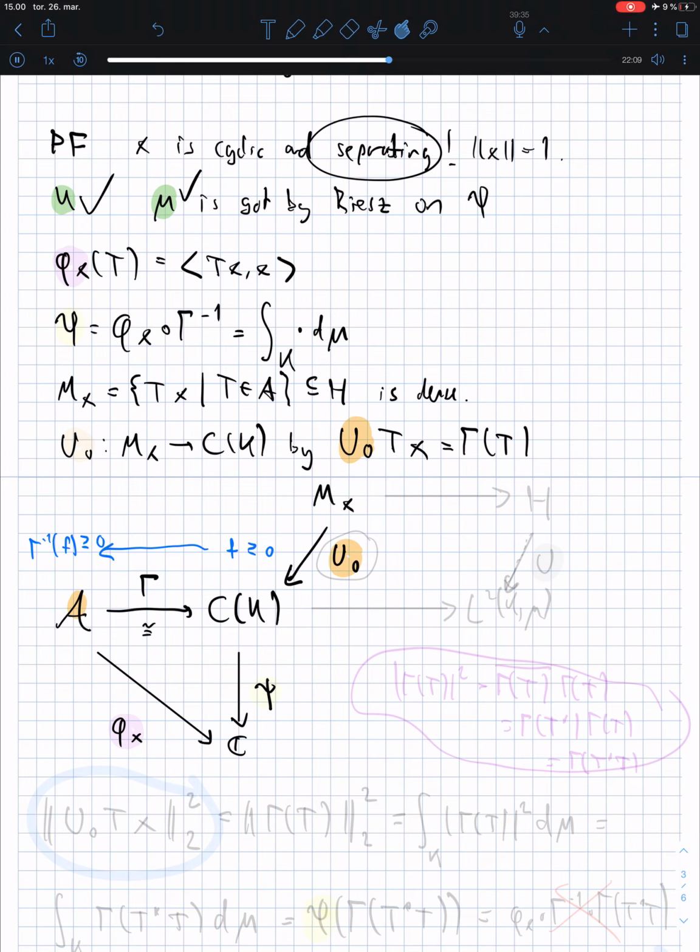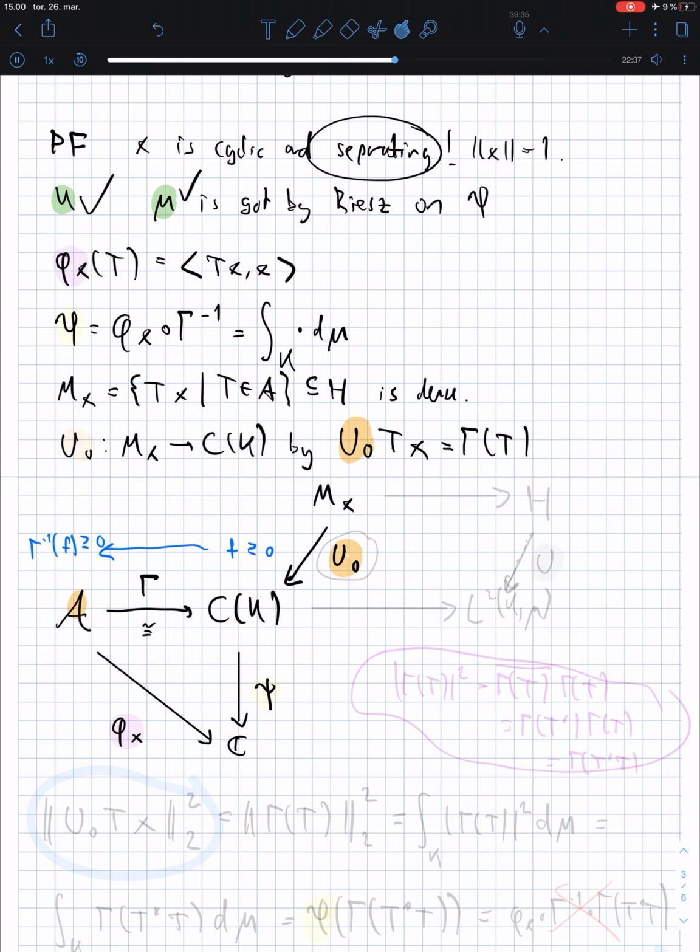So this is a very unusual situation that tells me that I can actually well define a map where I send tx to something that depends on t only. Right? But that's because I have a separating vector that tells me that the map that sends t to tx is an injective map. Right? So my u naught actually makes sense. It's a well-defined map. It's also easy to see that it's linear.